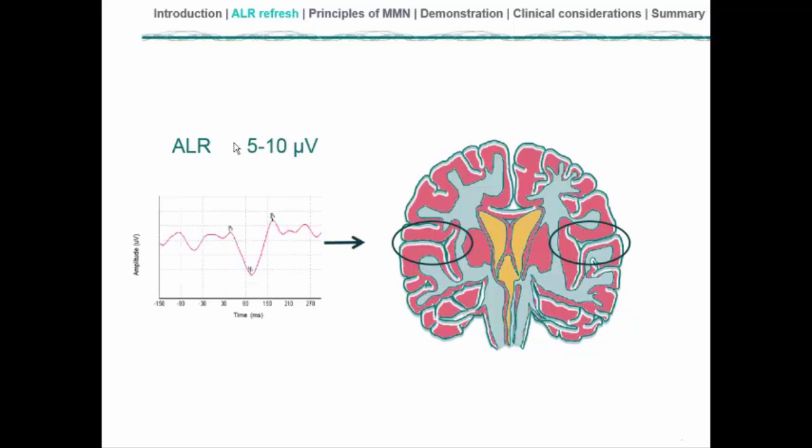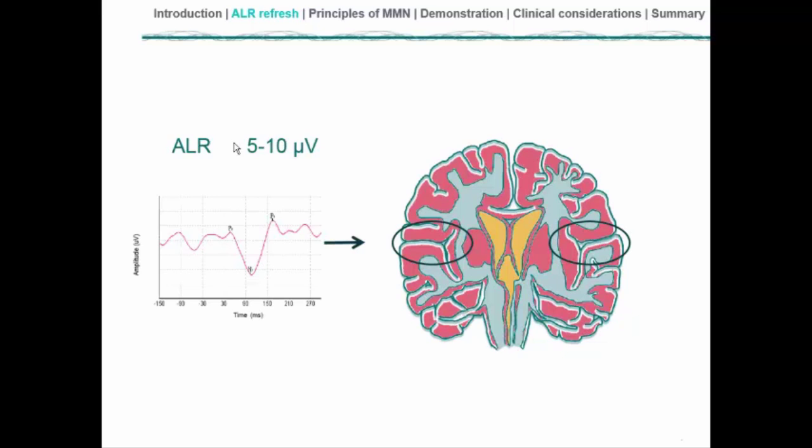This complex can be described as an onset response, in other words, a response that's thought to register some type of change in the acoustic environment. As such, the N1P2 complex can be described as an obligatory response.